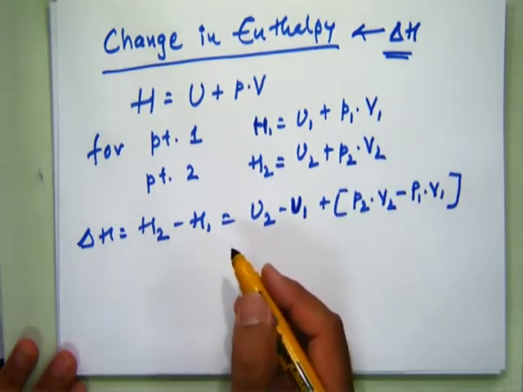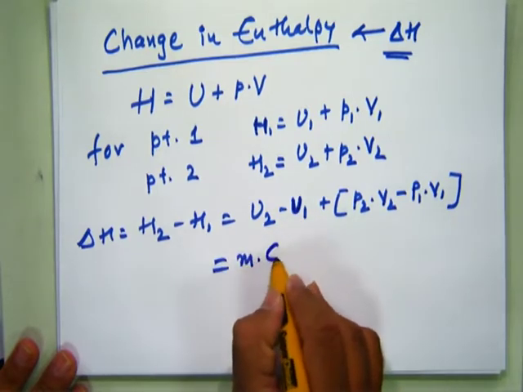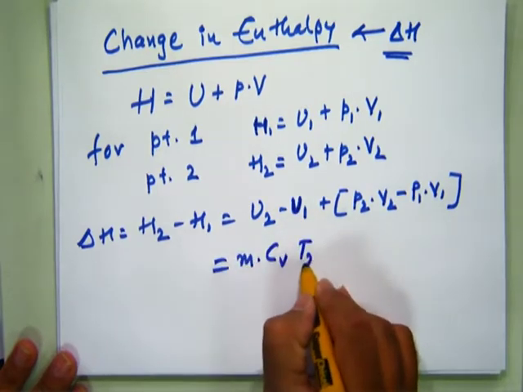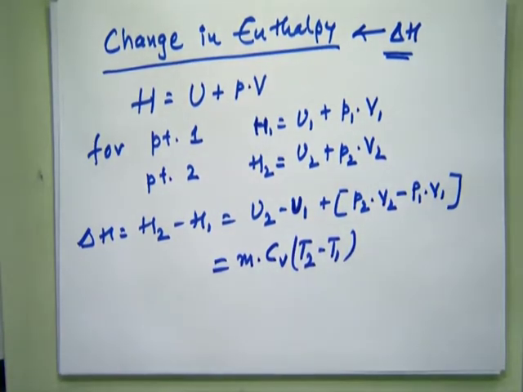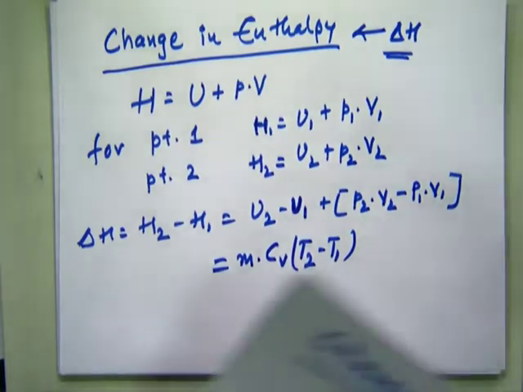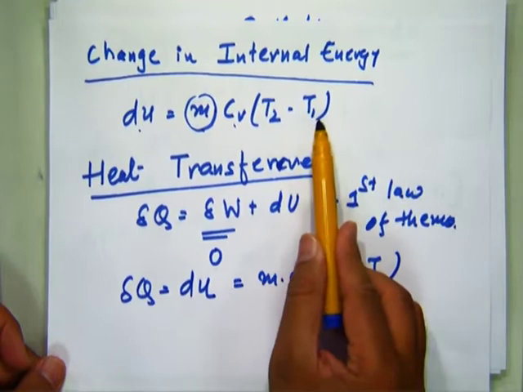The change in internal energy is nothing but m into Cv (T2 minus T1). We defined that dU is equal to mCv (T2 minus T1).